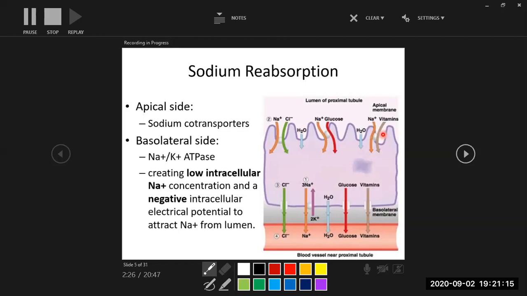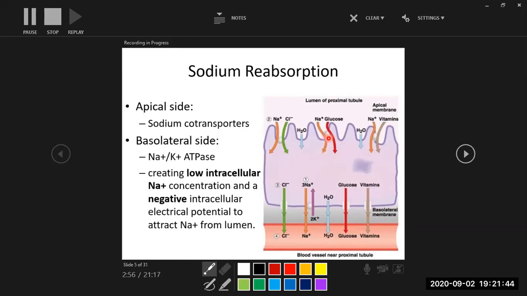The energy to do that comes in a very effective way, because here we don't really have extra energy. We basically use the energy provided by the environment, the low sodium intracellular condition, which provides the sodium concentration gradient. That concentration gradient provides the driving force.